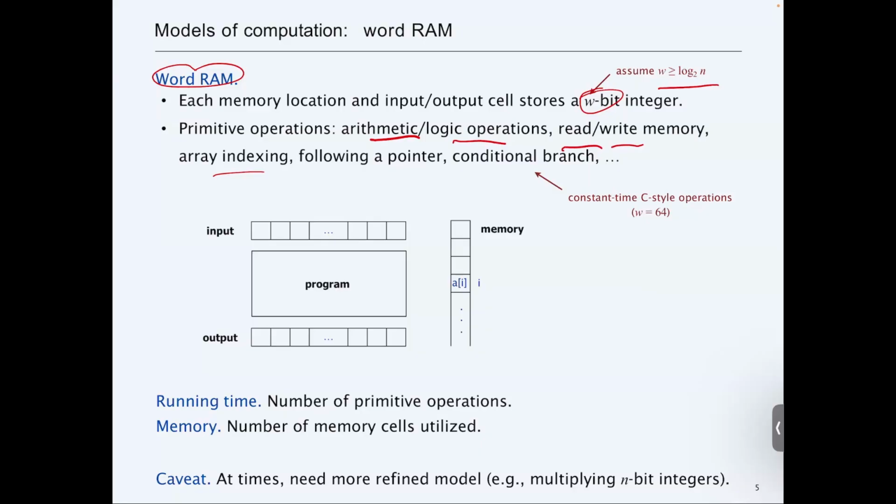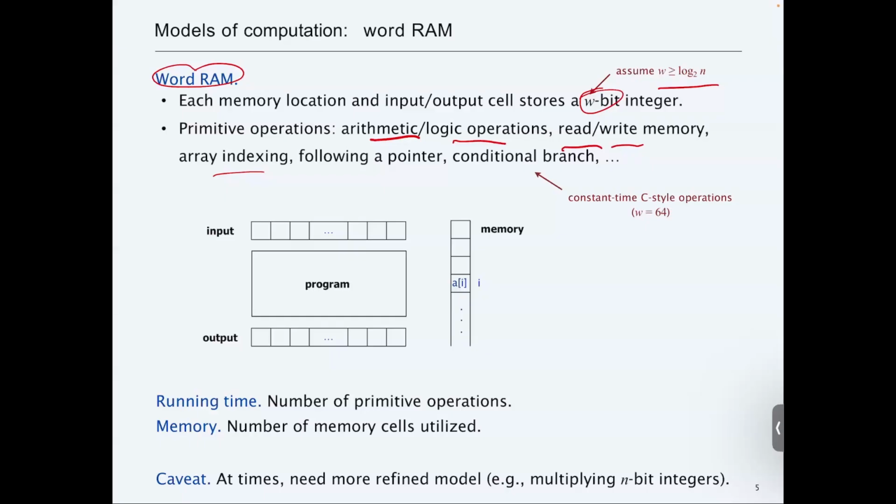So in our mathematical model, accessing an array is going to cost us one time unit, whatever that means. Adding two numbers together is going to cost us one time unit. Checking an if statement is also going to cost us one time unit.